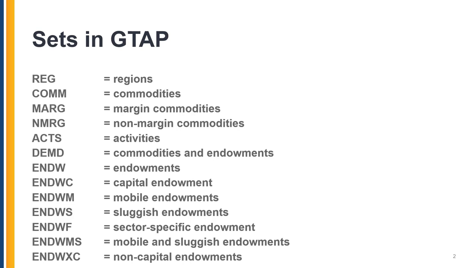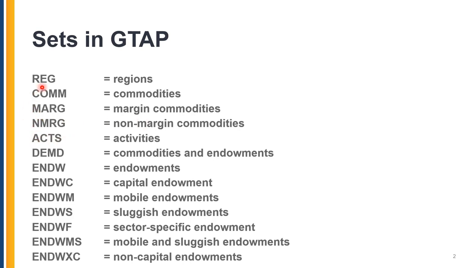Here are all the sets used in GTAP, and they become important for thinking about how we are going to write equations to pair up the supply and demand side of a market and have those balance conditions imposed. What is going to be critical for us are these two, the margin commodities and non-margin commodities. We'll explain the difference in those.